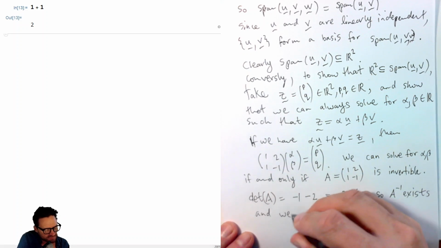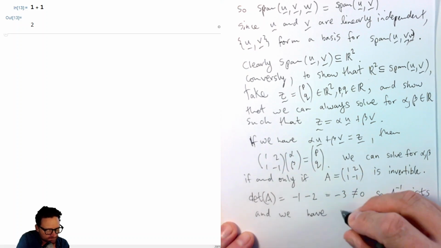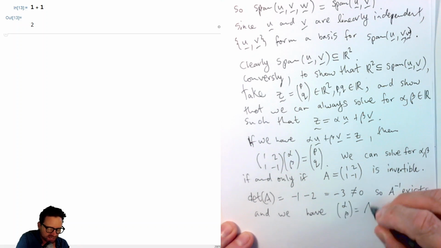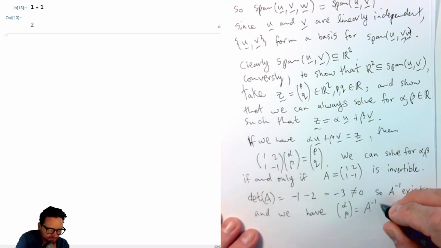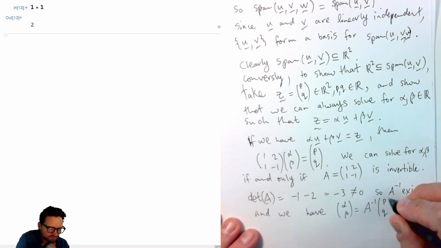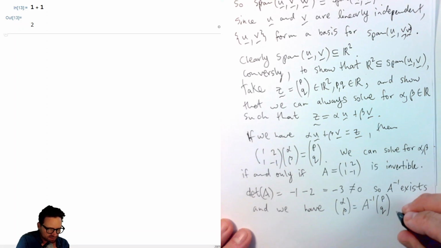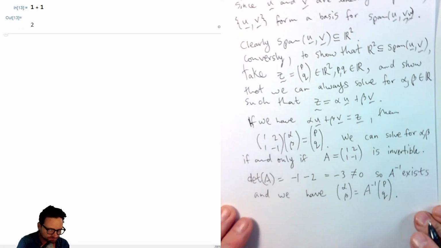And we have (alpha, beta) equals A inverse times (P, Q), right? So whatever P and Q are, we can always get a corresponding alpha and beta. So this shows that 2-space is a subset or equal to the span of U and V.